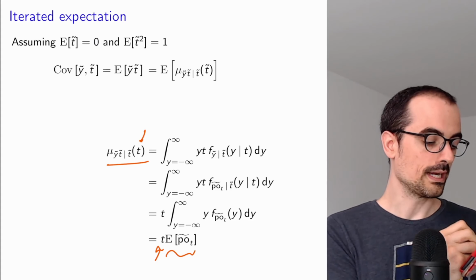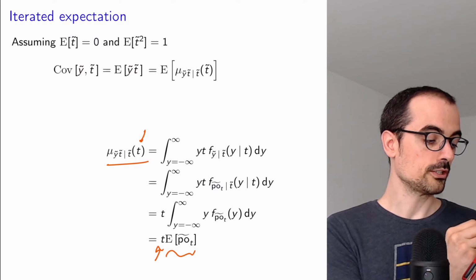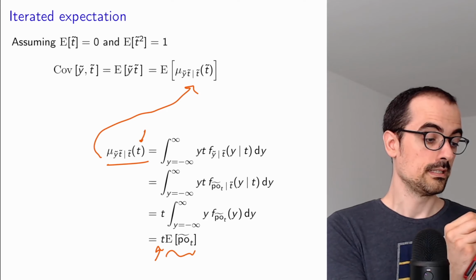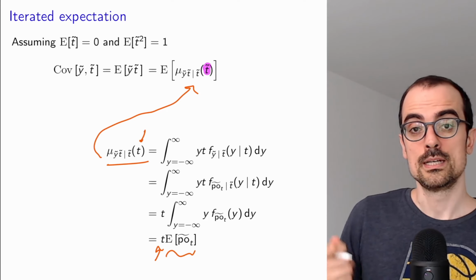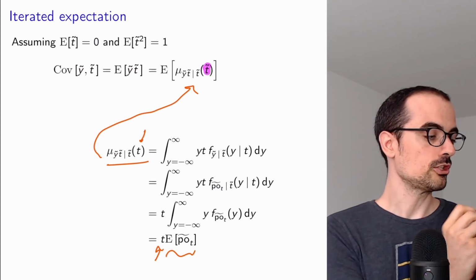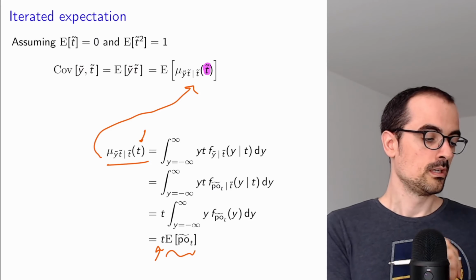Now we can go ahead and take this conditional mean function and plug it in here, but we have to plug in the random variable that represents the treatment in order to apply iterated expectations so that we get the covariance.